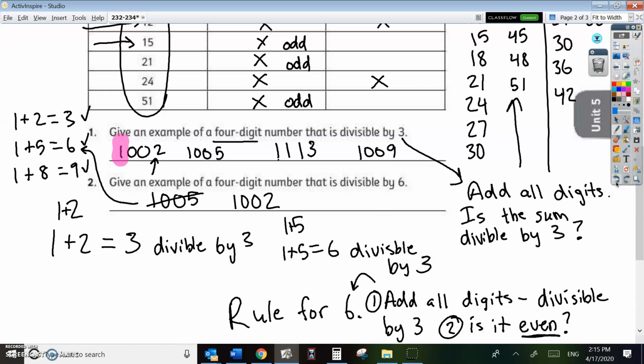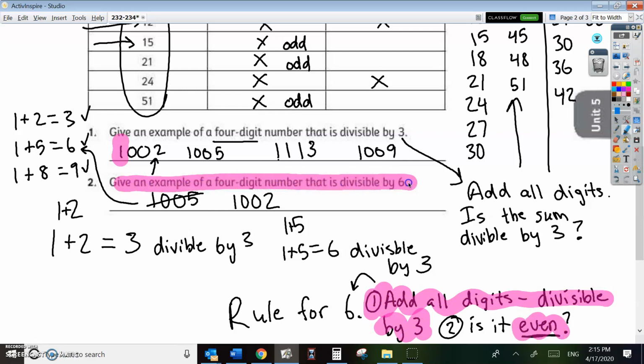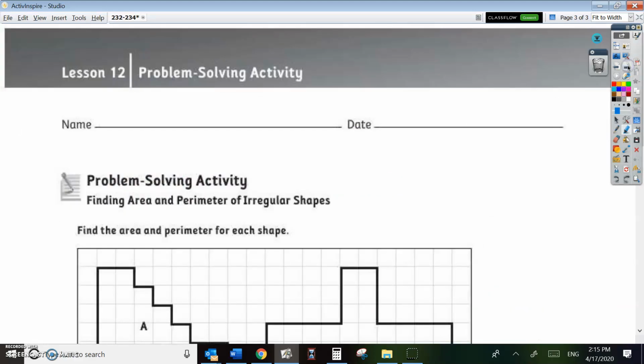Alright. Let's move on from this problem. You know that it has to be divisible by 3, and it has to be even to be divisible by 6.